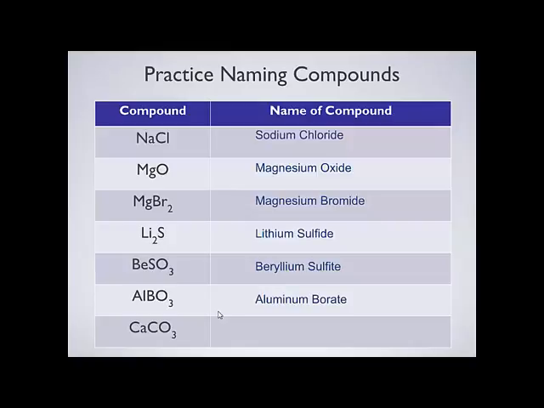Yes, aluminum borate. And then this last one, CaCO3. Karina? Calcium carbonate. Yes. How do we know that it's not calcium cobalt? Because it's capitalized. Cobalt is a lowercase o.